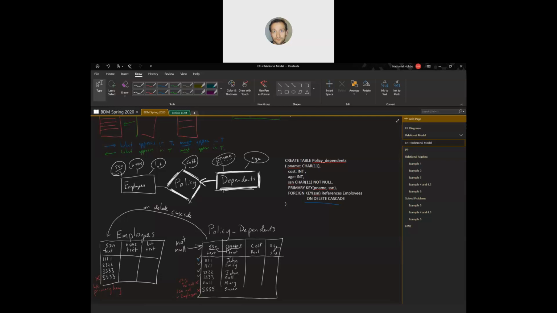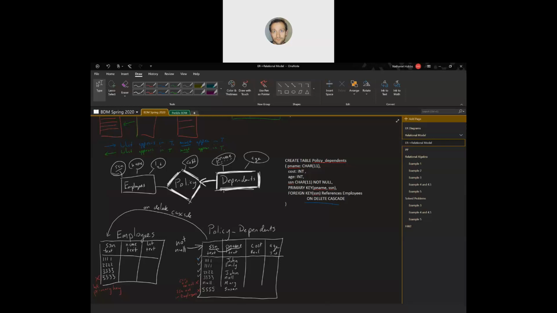Why can't we use policy ID in the policy dependence table instead of SSN? Oh, for the homework, you're correct. You would use the policy ID, not the SSN, because the employee relation doesn't have a relationship with the dependence relation.